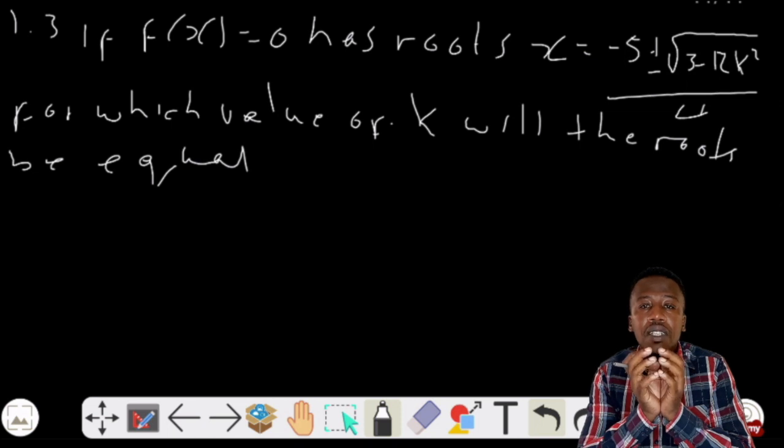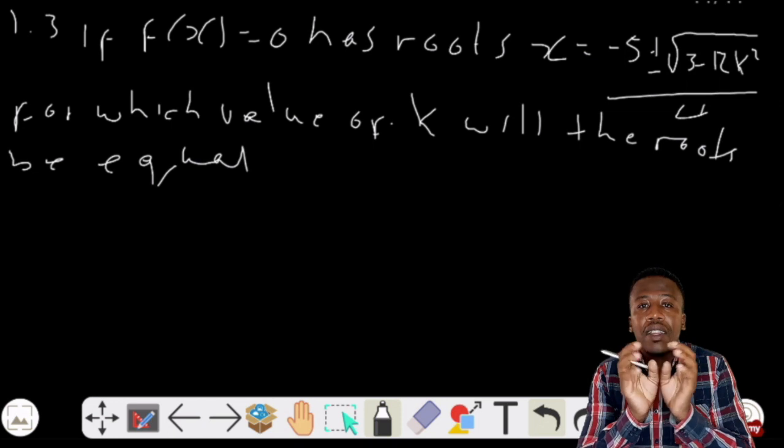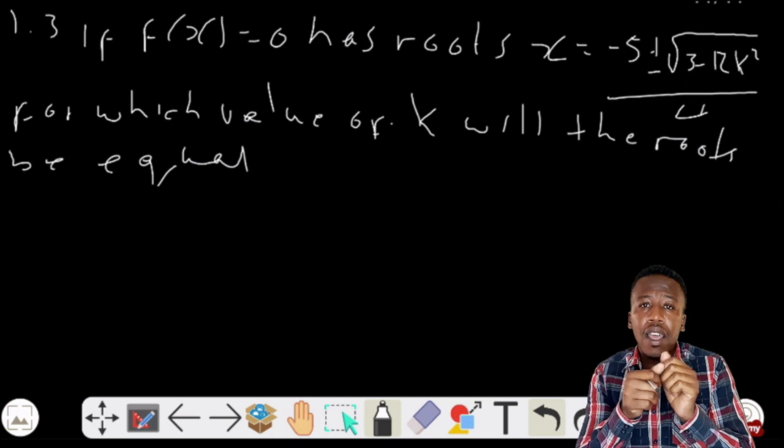If you have the discriminant which is greater than 0, but not a perfect square, the roots are real, irrational, and unequal. If you have the discriminant which is equal to 0, the roots are real and they are equal, right?